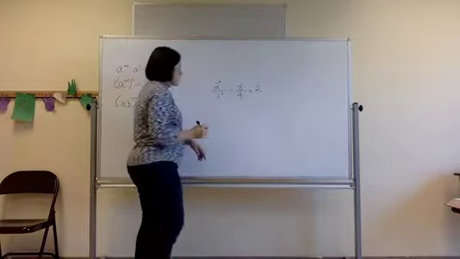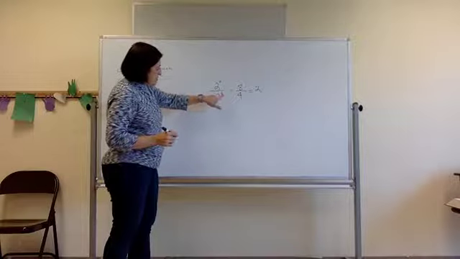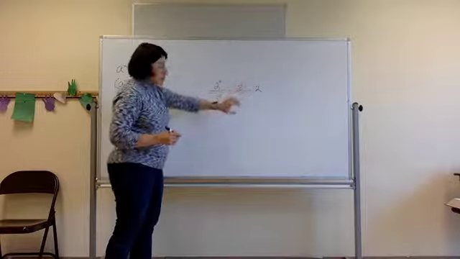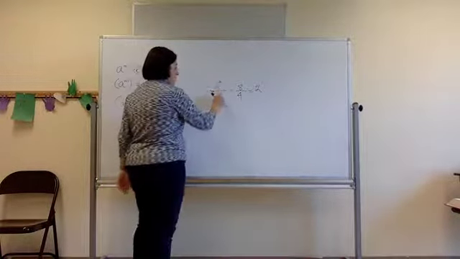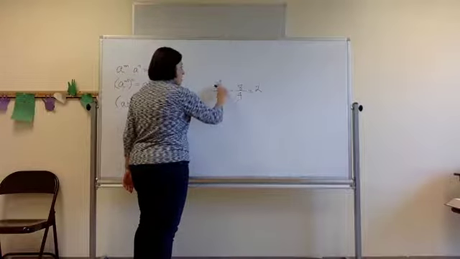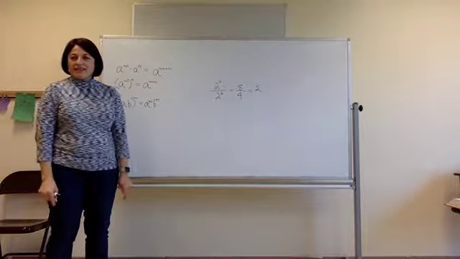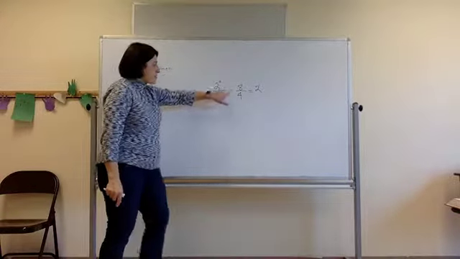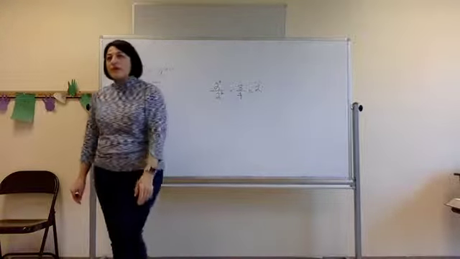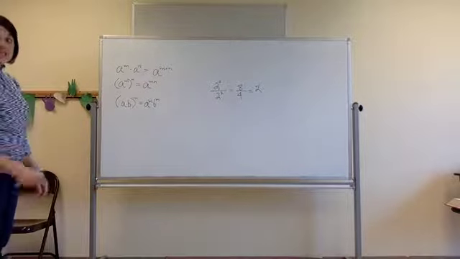The first power. So if I skip the middle part and just look at the powers and the base, what did I do to get to this? This was to the third power, that's to the second power, and now I ended up with something to the first power. So what happened? You subtracted.